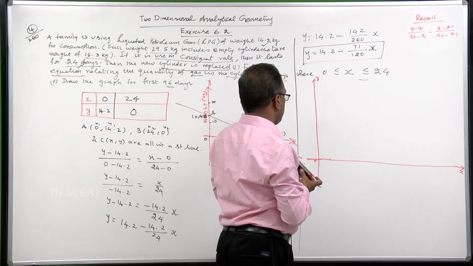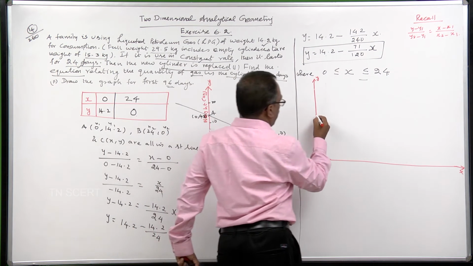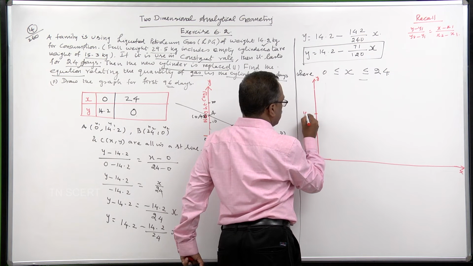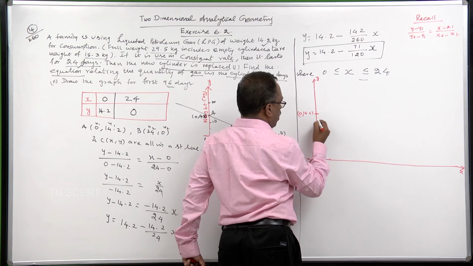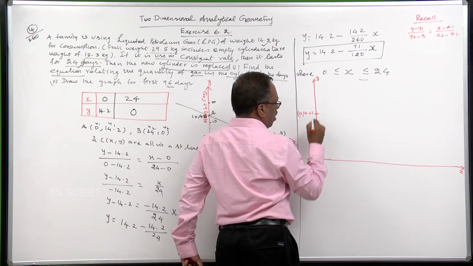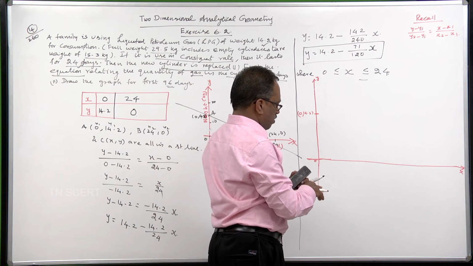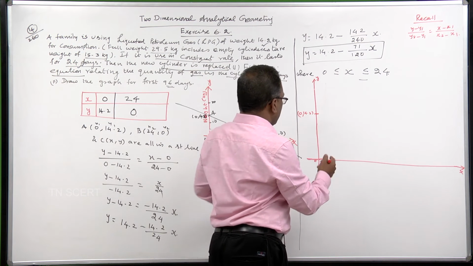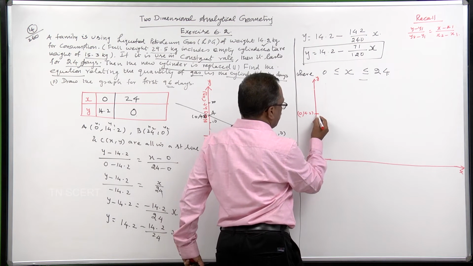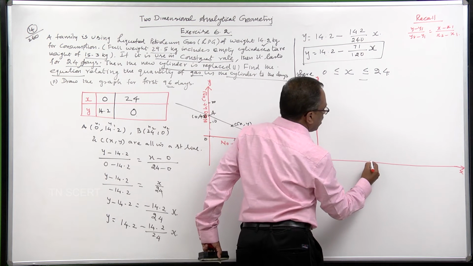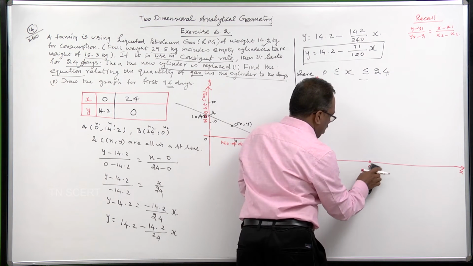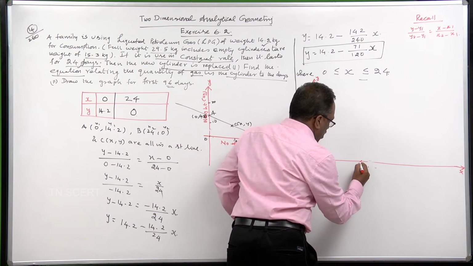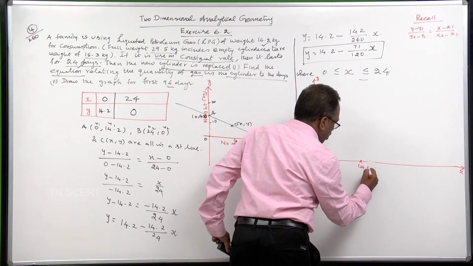I have taken this point 14.2 here, 0 comma 14.2. First of all, we have seen this point, and here this is 24, 0. I will mark it like this, 24, 0 here.